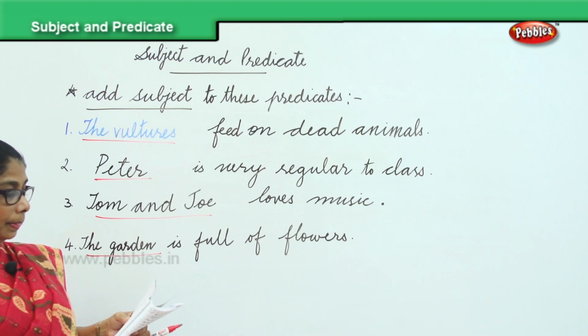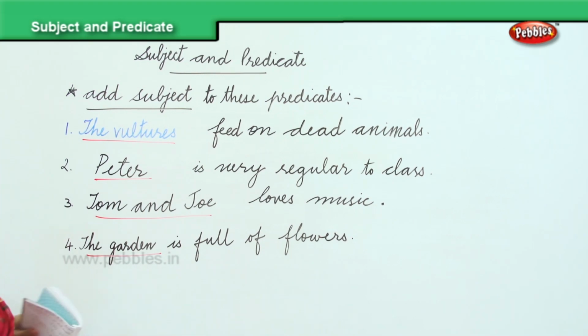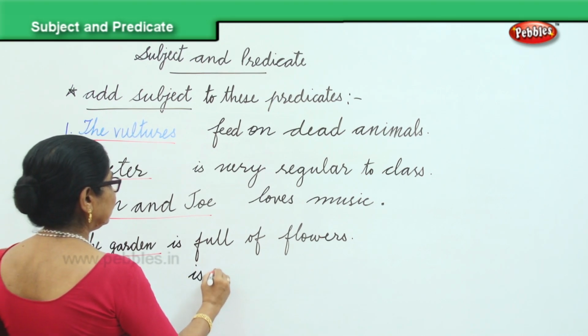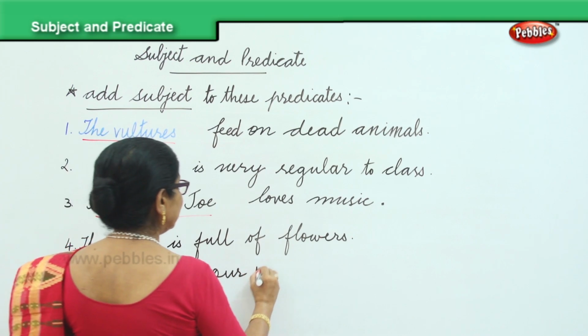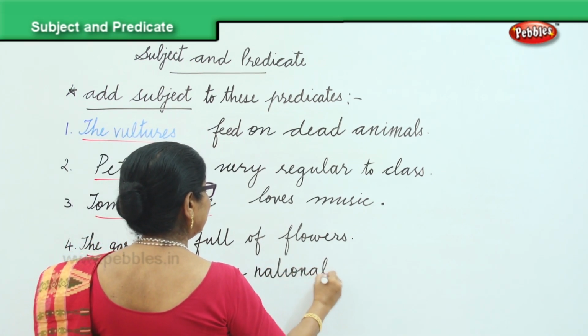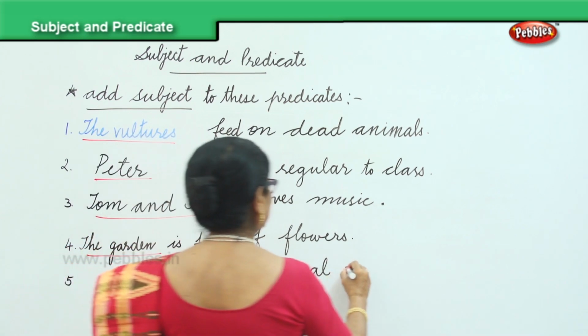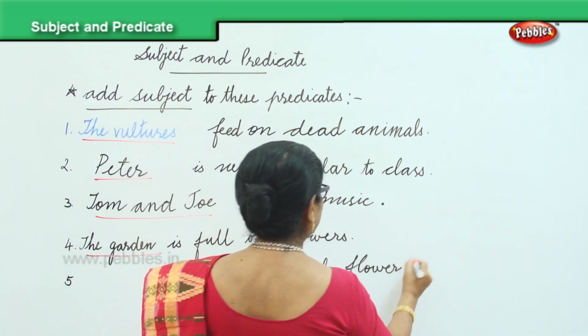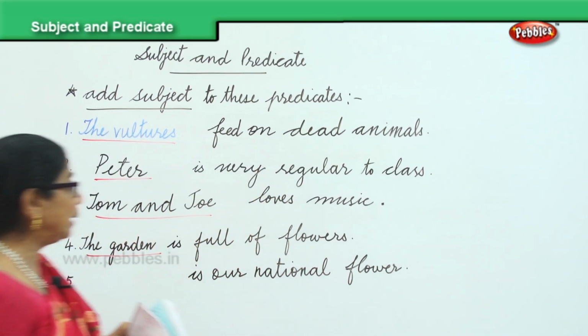Okay. Then fifth one. Is our national flower. That's a predicate.